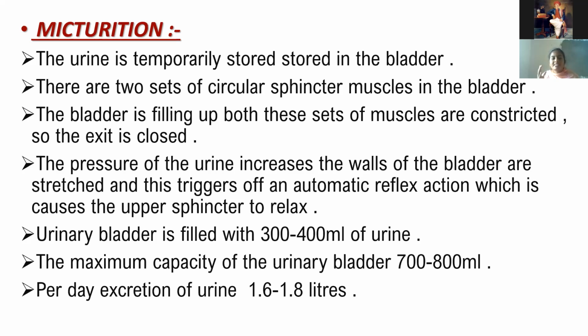What is the maximum capacity of the urinary bladder? The maximum capacity of the urinary bladder is 700 to 800 ml of urine. Per day, we release 1.6 to 1.8 liters of urine.